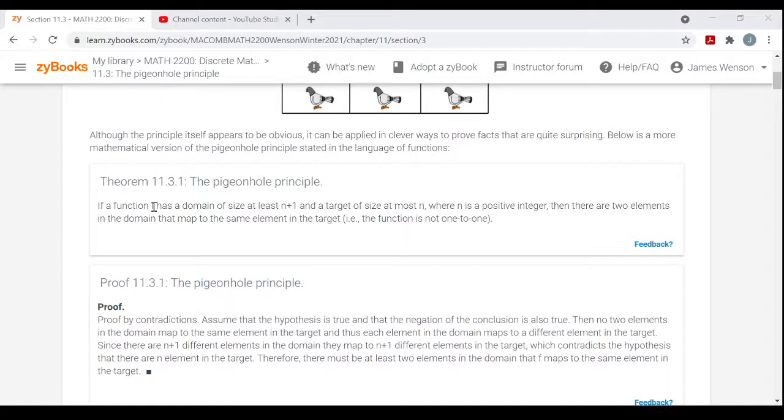So if a function f has a domain of size at least n plus 1 and a target of size at most n, where n is a positive integer, then there are two elements in the domain that map to the same element in the target. Right? In other words, the function will not be one-to-one.